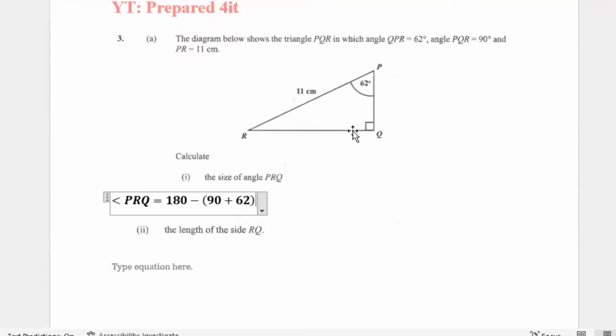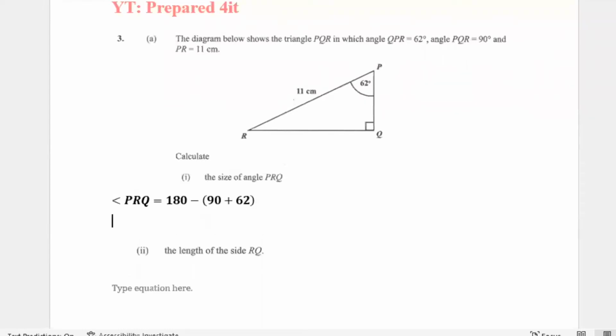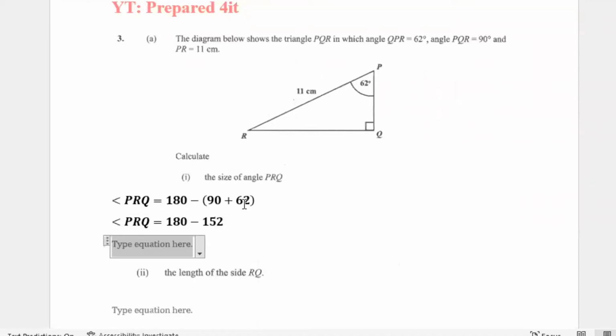All we need to do is add the 2 known angles, which in this case are 90 and 62, and subtract from 180 degrees. So 180 degrees minus 152, and therefore angle PRQ is equal to 28 degrees.